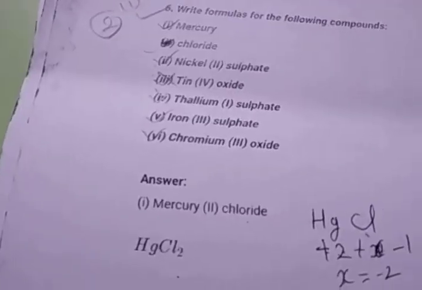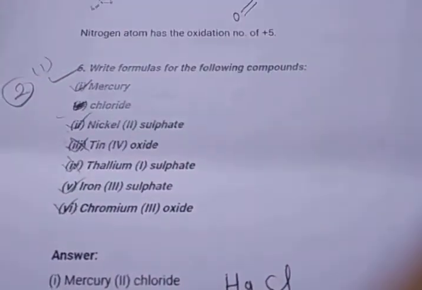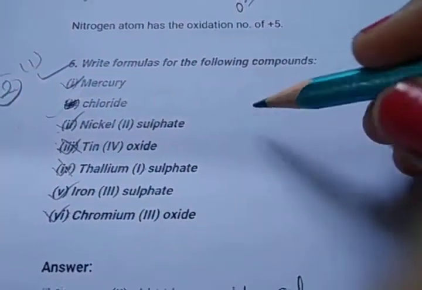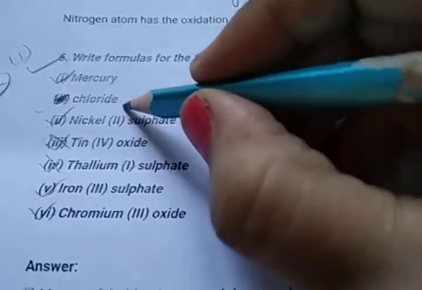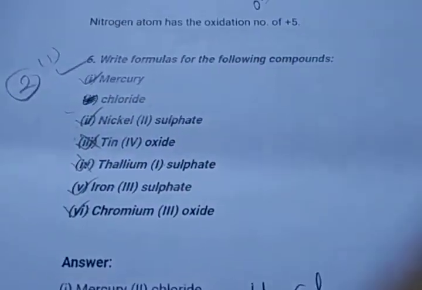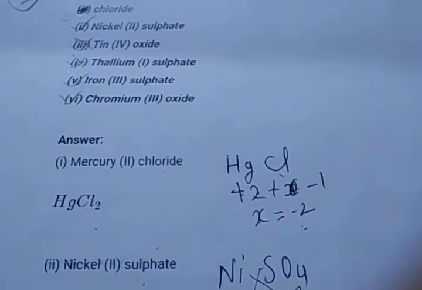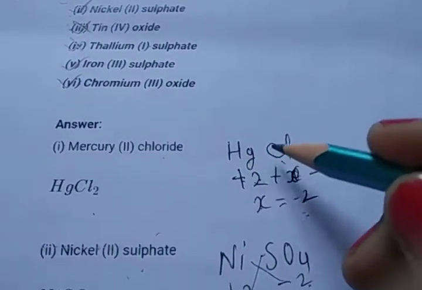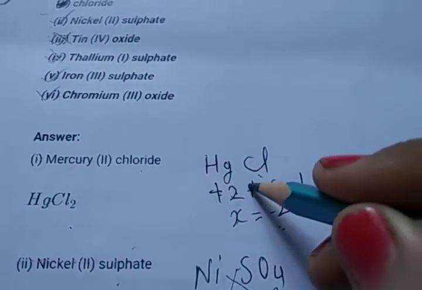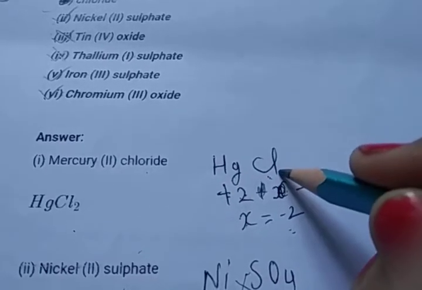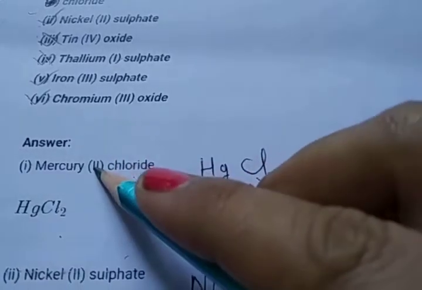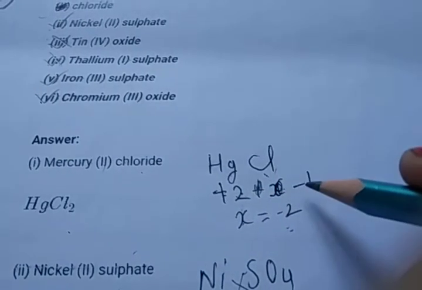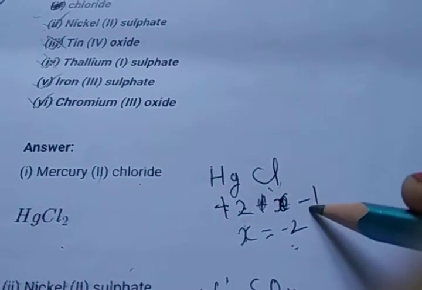Then question number 6: write the formulas for the following compounds. First is mercury chloride. Mercury is Hg and chloride is Cl. The mercury valency given is +2, and chloride, as we already know, is -1.